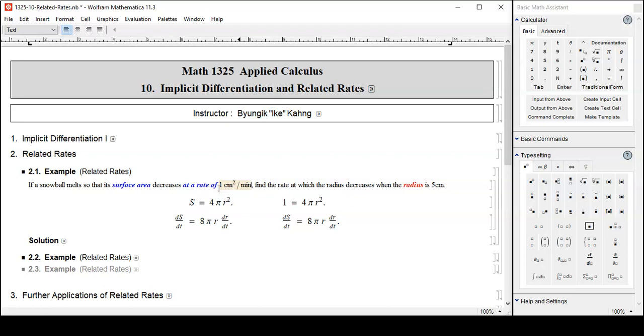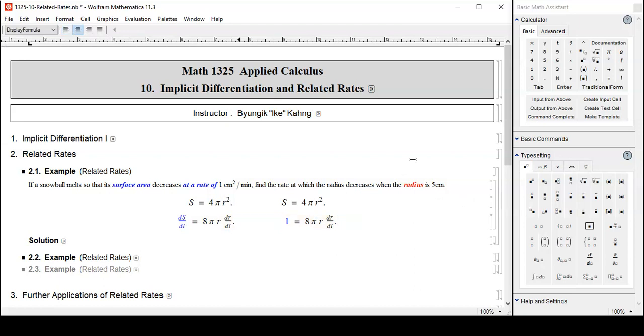It decreases at the rate of 1. So I put this 1 in the wrong place. Not in place of S, but in place of ds dt, the rate of change. So that should be equal to 1. Remember this color coding.